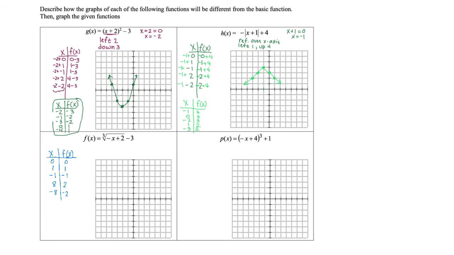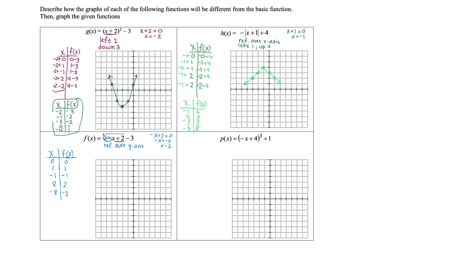Right, now let's talk about what's going to go on with this. Well, we have a negative here, so we are going to reflect over the y-axis. Okay, and let's see, we have this right here, so we know that we're going to take -x plus 2, so equal to 0, so -x equals -2, so x is 2.